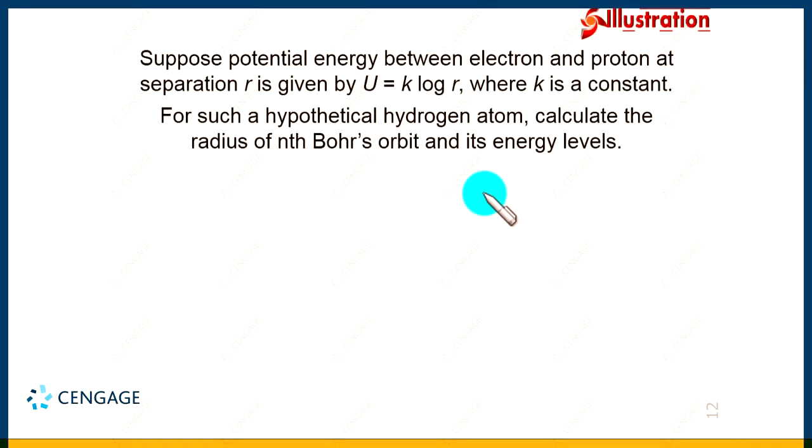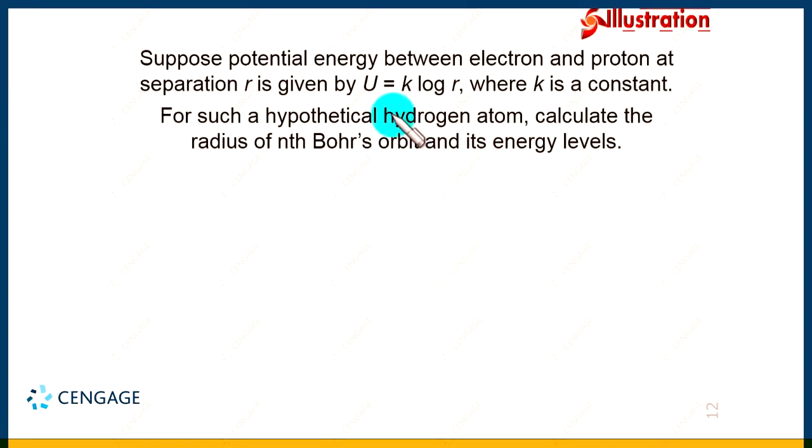That was, the Coulomb force was responsible for providing the centripetal force for orbiting the electron in the atom. But here the potential energy is given by a different formula because it is a hypothetical hydrogen atom. That means we cannot use the Coulomb formula for calculating the force, and this force cannot be equated with the centripetal force. So, what do we need to do?